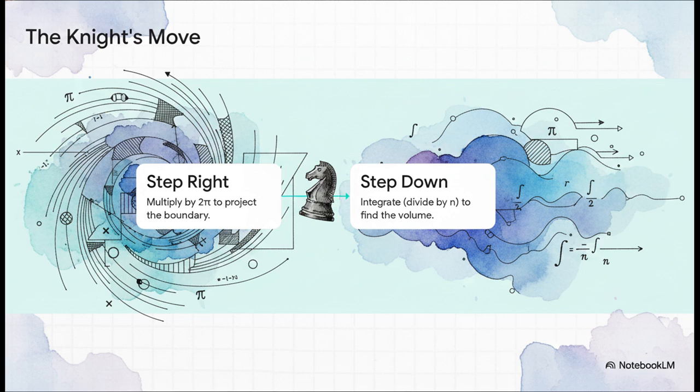You multiply your previous interior by 2 pi to project the boundary into a new dimension. Step 2. You step down. You use calculus to integrate that boundary, which effectively means you divide it by the new dimension number, n, and that gives you the brand new volume. Remember that step. You absolutely must divide by the dimension number n. Step right, step down. Multiply by 2 pi, divide by n.